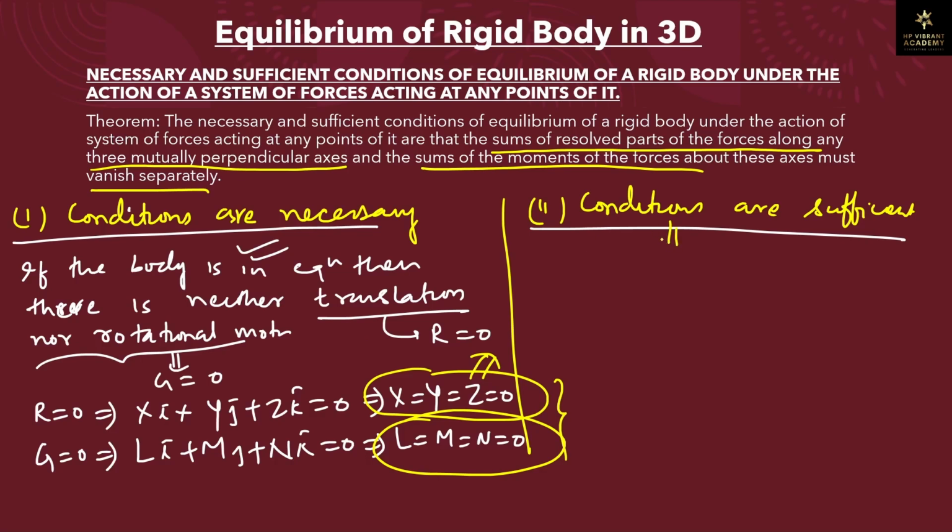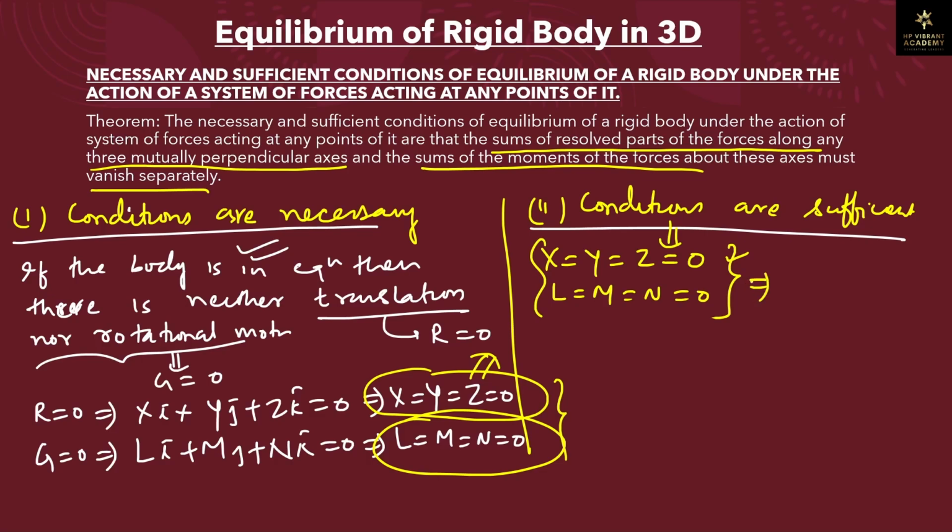Now secondly, we have the conditions as sufficient. Let us take the other way around. We consider X is equal to Y is equal to Z is equal to 0, that is, the sum of resolved parts of forces along three mutually perpendicular axes is 0, and the sum of moments, that is L is equal to M is equal to N is equal to 0. So these are vanishing separately.